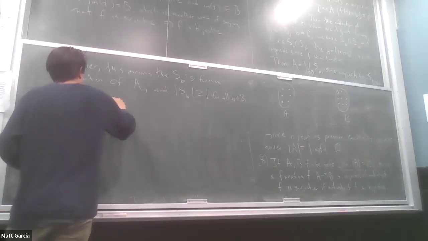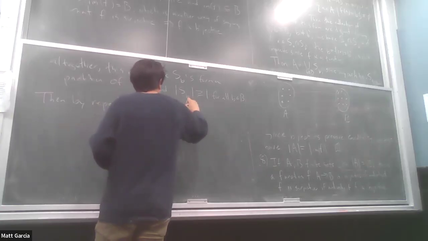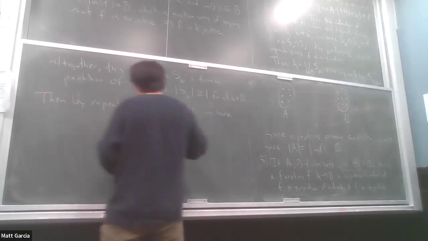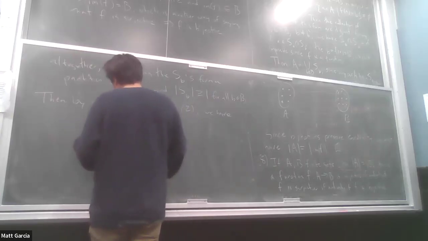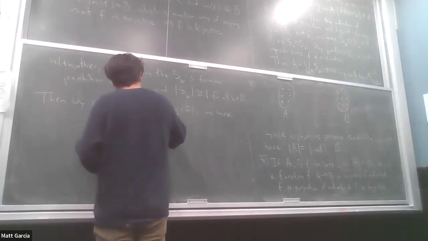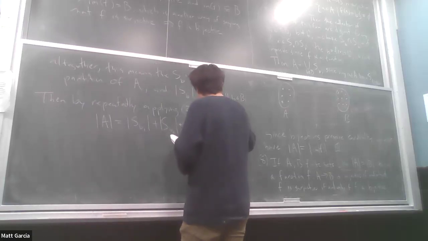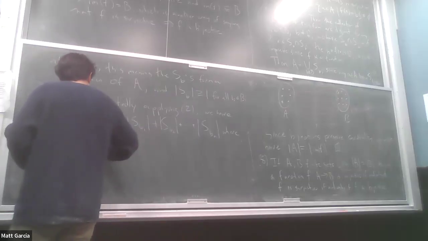And by repeatedly applying part 2, we have the cardinality of A is equal to the cardinality of S sub B1 plus the cardinality of S sub B2 plus, up to, the cardinality of S sub Bn, say, where the cardinality of B is equal to n.